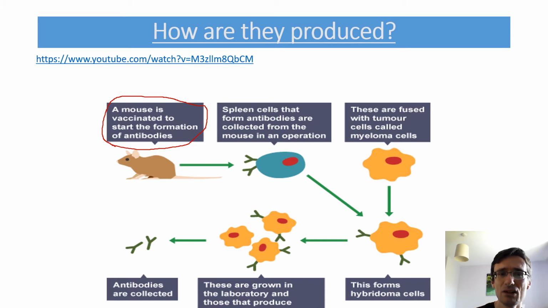We would get those from B cells in the spleen. We then take those cells and fuse them together with a tumor cell, because tumor cells continue to keep developing and dividing continuously, and that forms something called a hybridoma cell. The hybridoma cell can be grown in the lab, and we can take the antibodies that are produced from it.